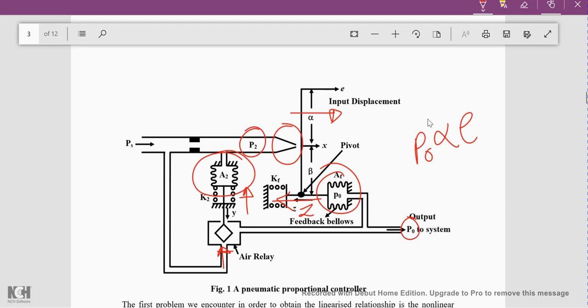So we have seen that a small change in E has caused a certain change in the output P0, and it has been brought back to the normal value with the help of the feedback mechanism in place.